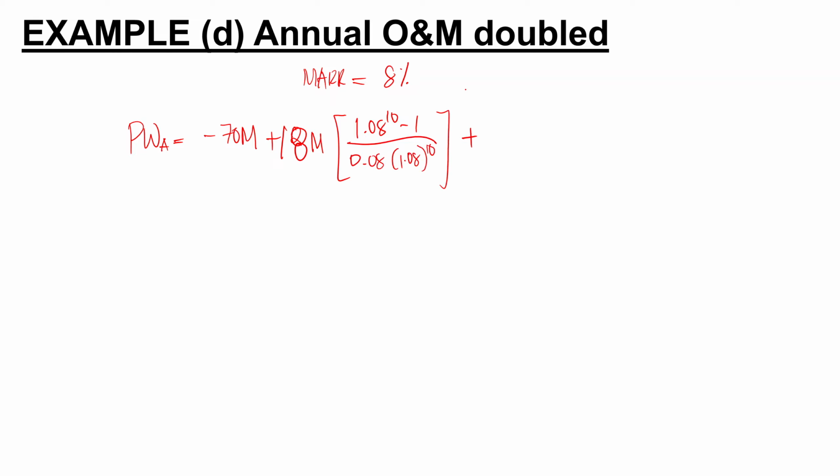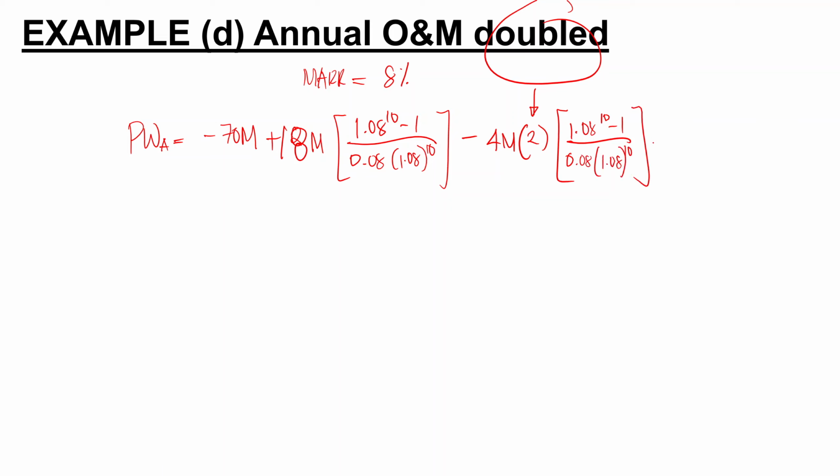And, sorry, not plus but minus our base O&M, which is 4 million. And since it says doubled, we multiply it by 2, times 1.08 raised to 10 minus 1 over 0.08 times 1.08 raised to 10. And then don't forget our salvage value, 5 million times 1.08 raised to negative 10.